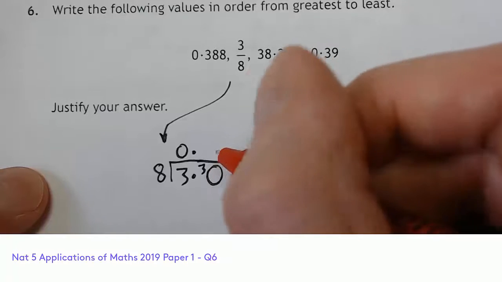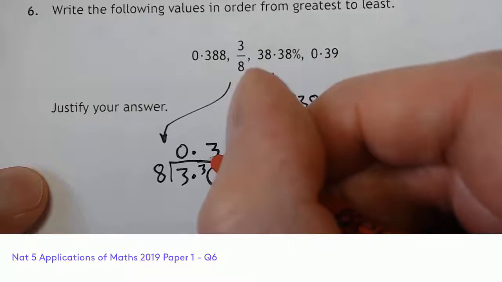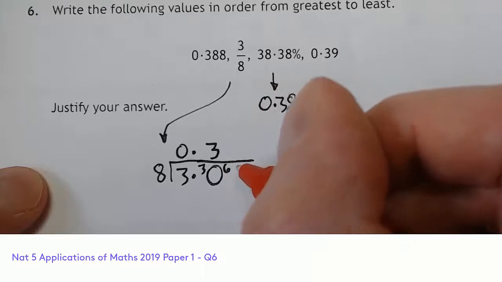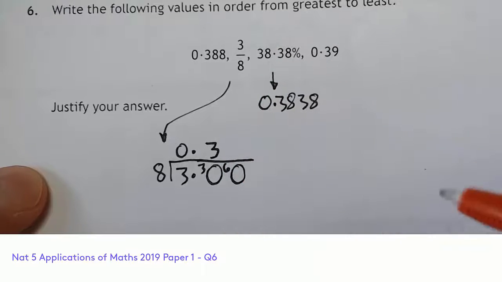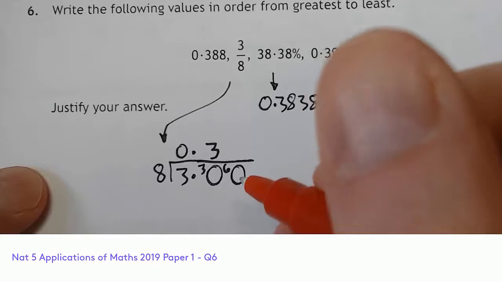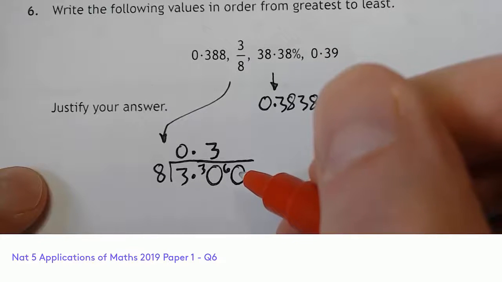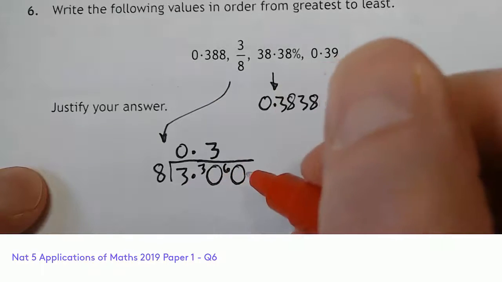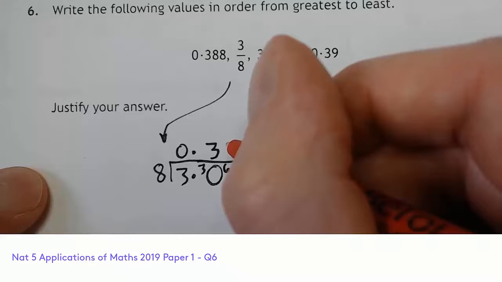Well, we could squeeze in 3 8s. Okay, so 3 8s is 24. So there's going to be a remainder 6. Okay, we then think of, well, how many 8s go into 60? 7 8s go into 60.